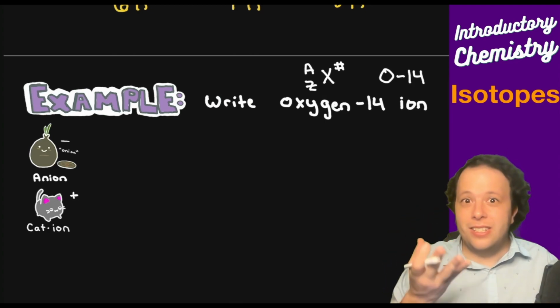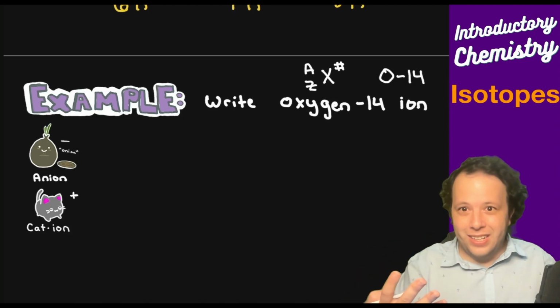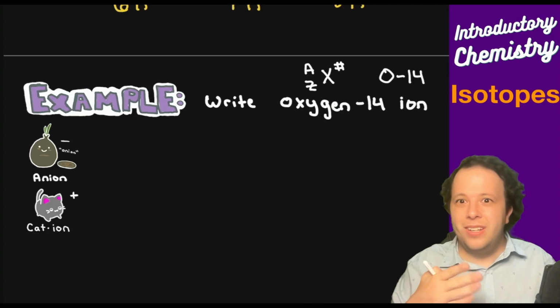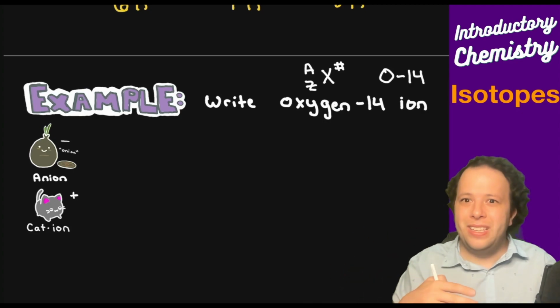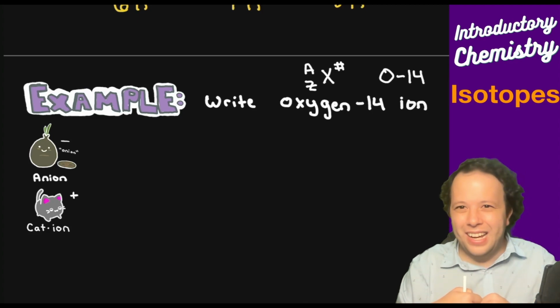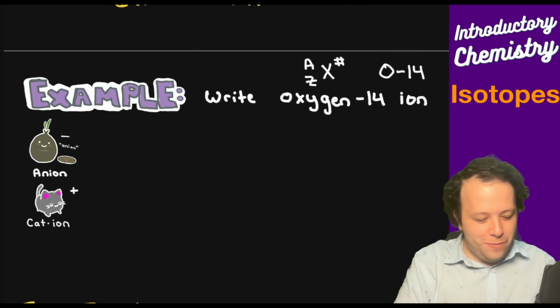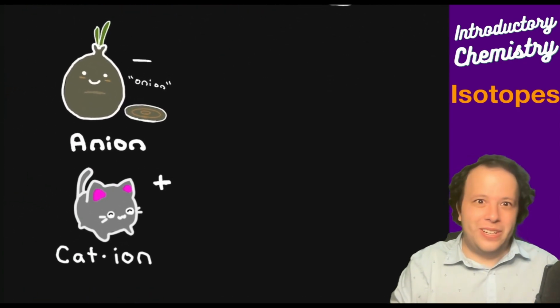So let's try to write in that format that we had earlier. Since this is an ion, we've got to think of our periodic table. Oxygen is a nonmetal, meaning that it has a tendency to take electrons. So this is an anion, or if you think onion, because it makes you cry. It makes you sad. So that would be our anion example over here.